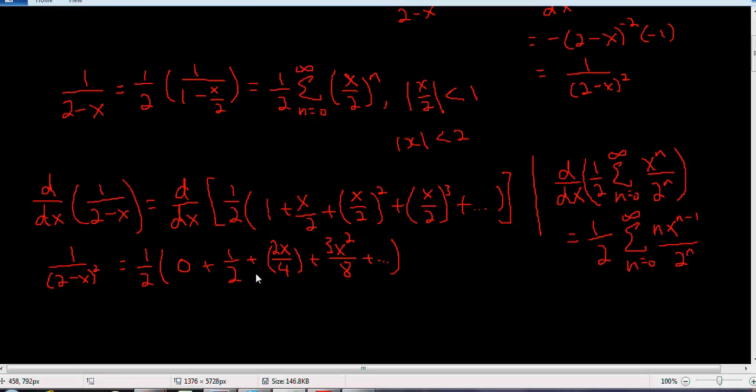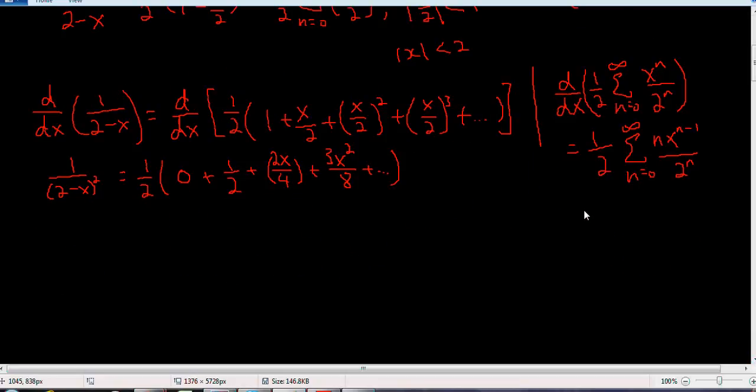What you're going to notice here is the n equals 0 term is actually very confusing and doesn't work out nicely. So this is equal to 1/2, and the n equals 0 term is 0 times x to the negative 1 over 2 to the n.